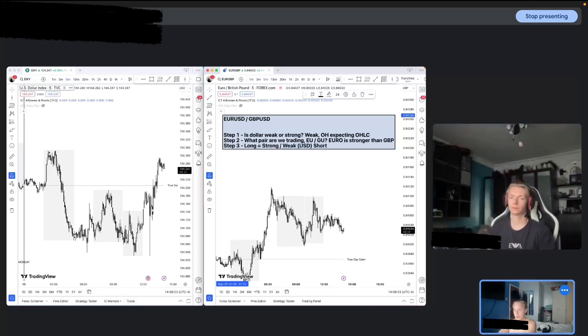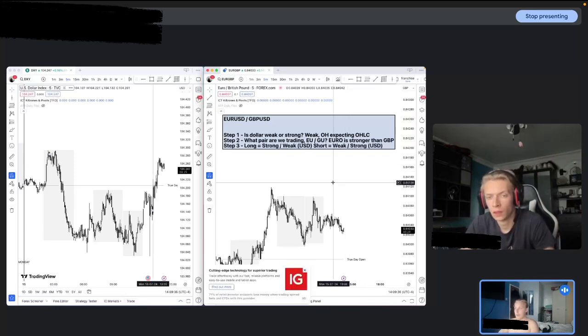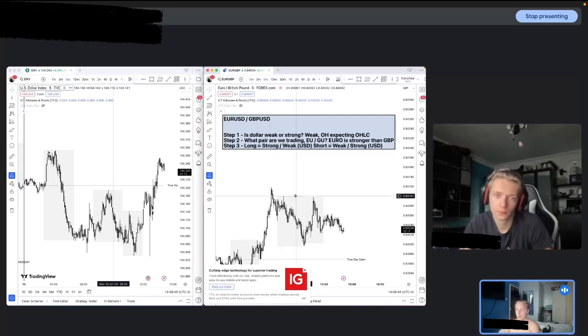Short equals weak / strong USD. So when the dollar is going to be weak for the day, we can come here and say weak USD, long, strong.